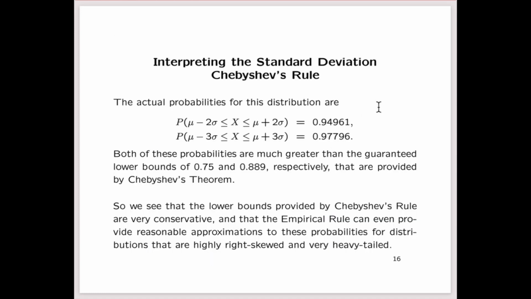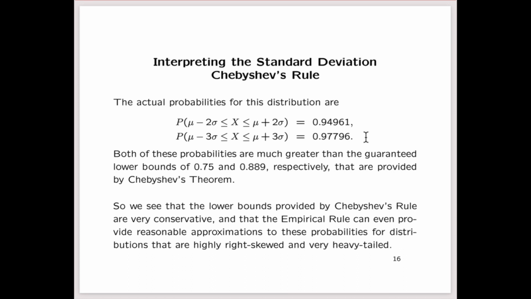So that is what we have here. The actual probabilities for this highly right-skewed, heavy-tailed distribution are that the probability that x takes on a value within 2 standard deviations of its mean is 0.94961, and the probability that it takes on a value within 3 standard deviations of the mean is 0.97796.